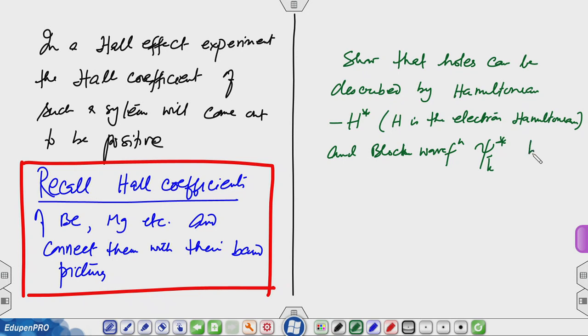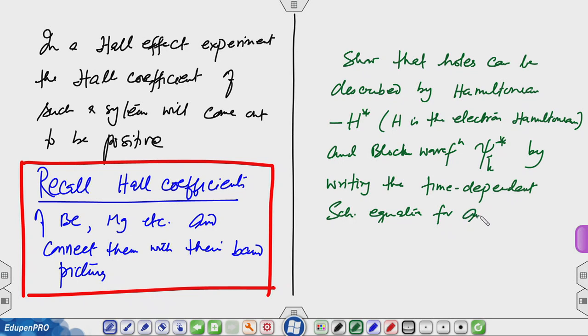And this is to be done by writing the time dependent Schrodinger equation for an electron in an EM field.